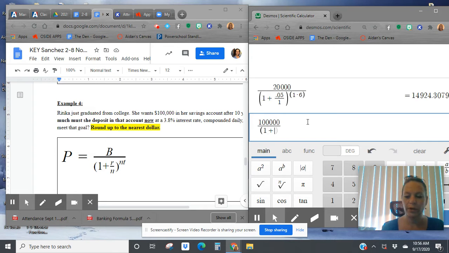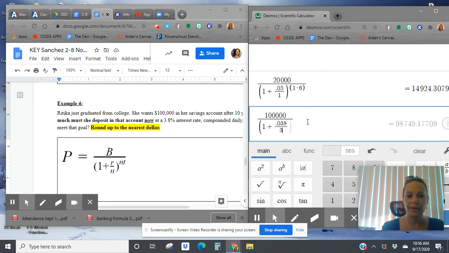In order for her to have 100,000 in the future, the rate is 3.8 compounded daily, and she's saving for 10 years.